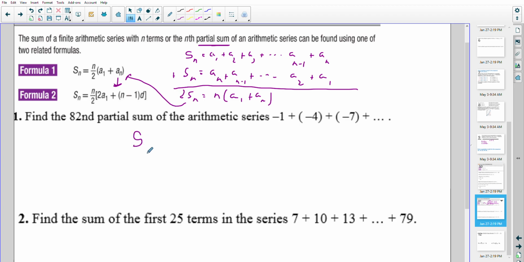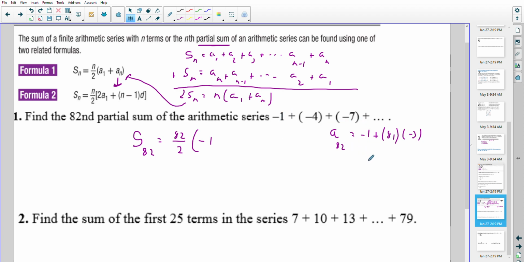What is the sum of the first 82 terms of this? The question is, well, what's the total number of terms? n is 82. What's the first term? 1. And I don't know what the last term is. So off to the side here, I'm going to say a sub 82 is equal to the first term plus n minus 1, which is 81, times the common difference, which is negative 3.